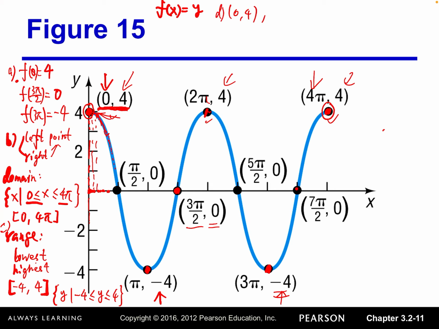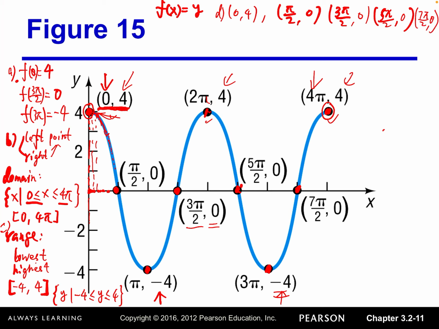And then how many x-intercepts do we have? 1, 2, 3, 4. The graph intercepts the x-axis 4 times, and you can read the coordinates from the graph: (pi over 2, 0), (3 pi over 2, 0), (5 pi over 2, 0), and the last one (7 pi over 2, 0).